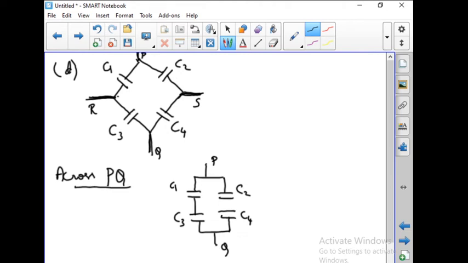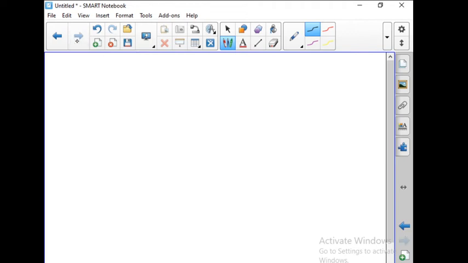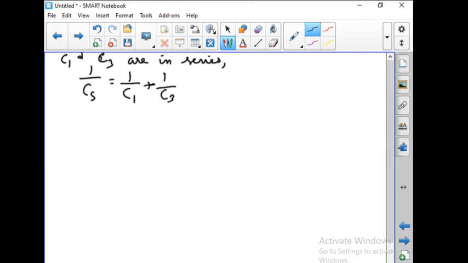Now C1 and C3 are connected in series. Similarly C2 and C4 are connected in series. So we can calculate the equivalent capacitance. 1 by Cs is equal to 1 by C1 plus 1 by C3, since C1 and C3 are in series.